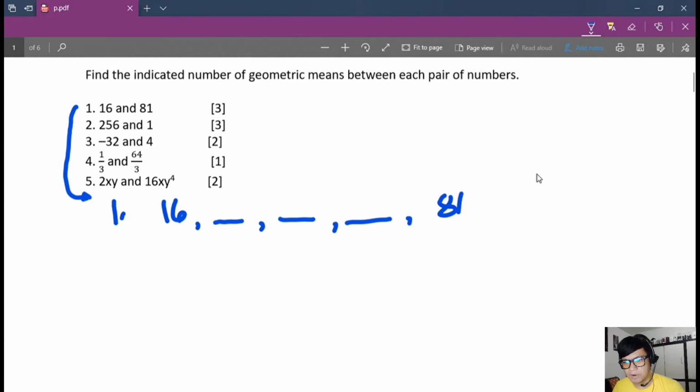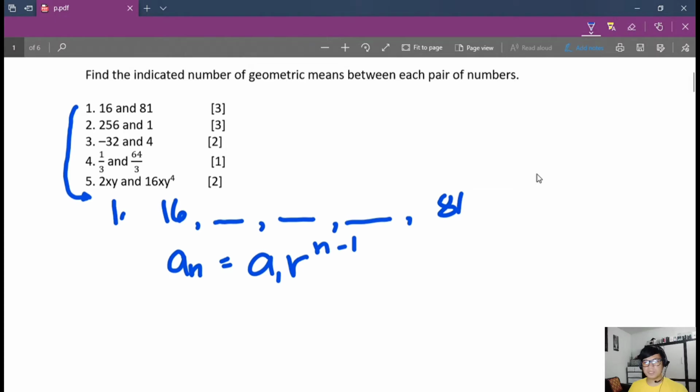What is our formula in geometric sequence? That is a sub n is equal to a sub 1 r to the n minus 1 power, wherein a sub n is the nth term or the last term, a sub 1 is the first term, r is the common ratio, n is the number of terms.